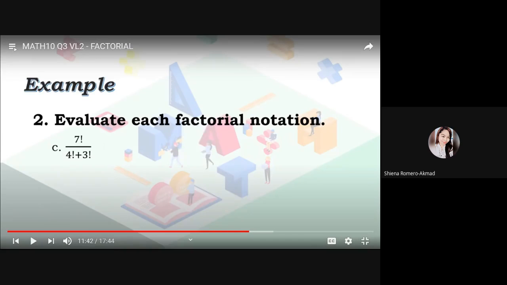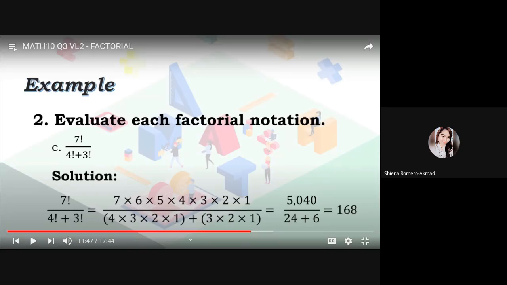Next, for letter C. Kahit hindi nyo na gawin to kasi sa calculator, pwede naman i-diretso yan. Gawin yung 7 factorial, kung meron kayong calculator. Kung wala, multiply nyo talaga yan. So, we have 5,040 divided by 24 plus 6. And 24 plus 6 is 30, so that's 5,040 divided by 30. It gives us 168.